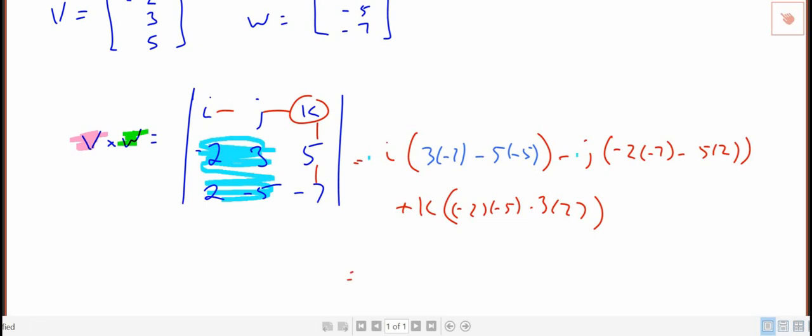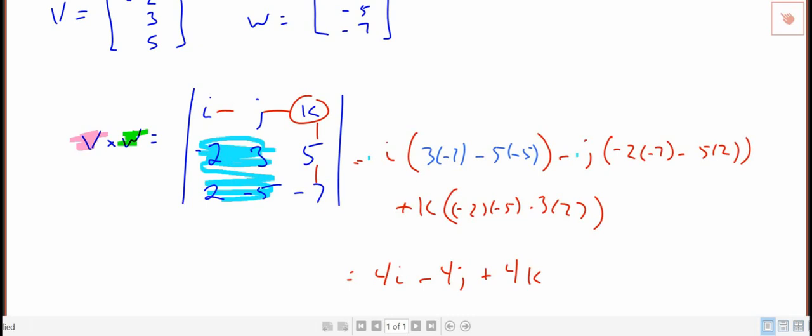So if I simplify those, -21 plus 25 would be 4, right? 21, 25, yeah. Minus, and then 14 minus 10 would be 4j, plus 10 minus 6, 4k. Now, how did that turn out?